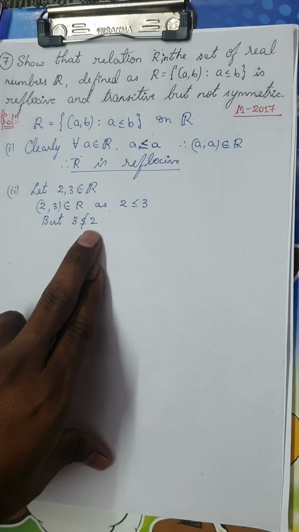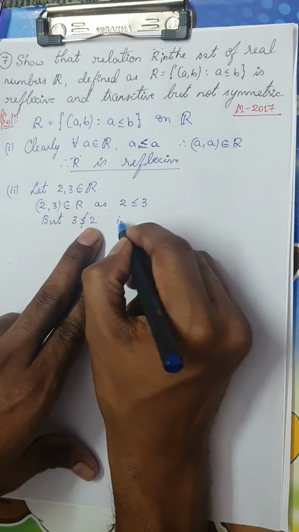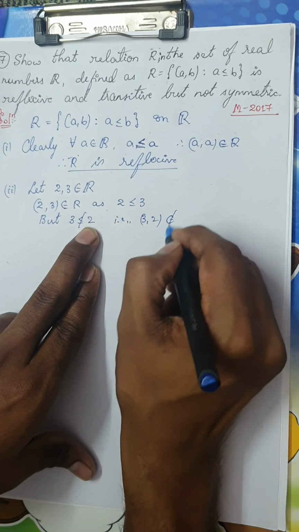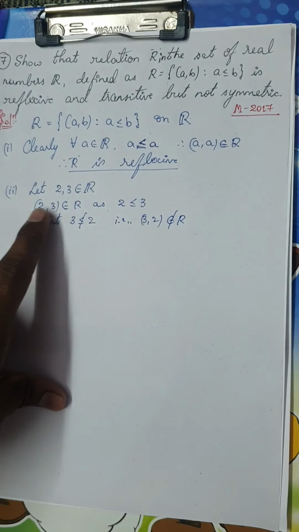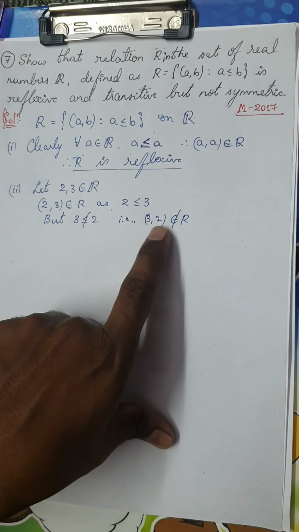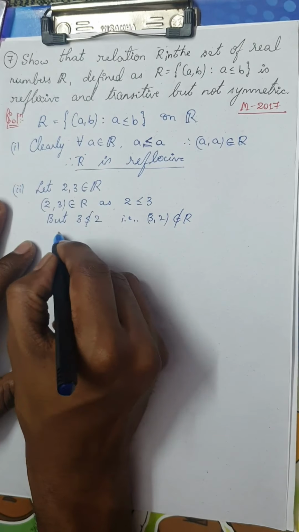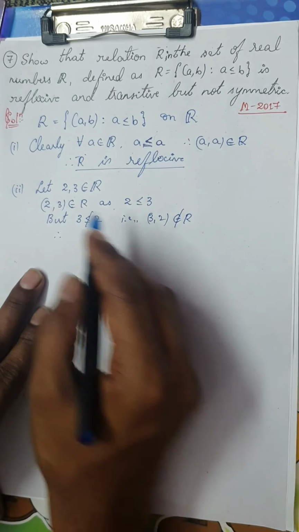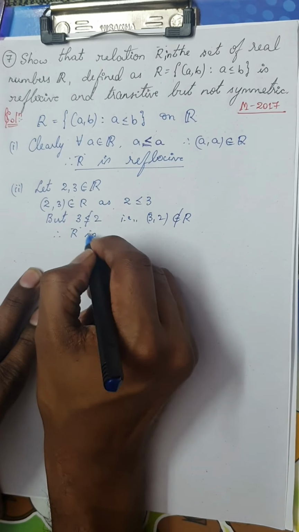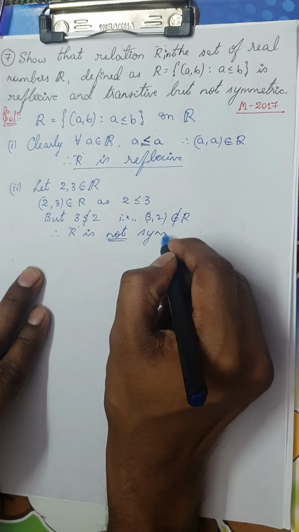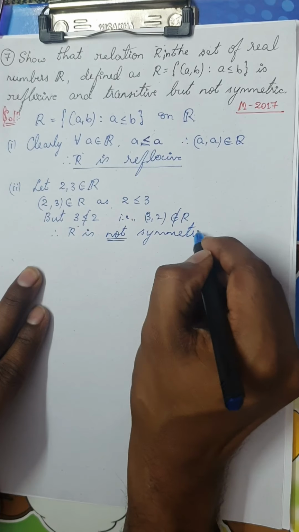I cannot write 3 is less than or equal to 2. So I can write (3, 2) does not belong to R. So if 2 is less than or equal to 3, but 3 is not less than or equal to 2, this is a counter example. Because for one pair it is not happening, I will write R is not symmetric. Please be very careful. It is not symmetric.